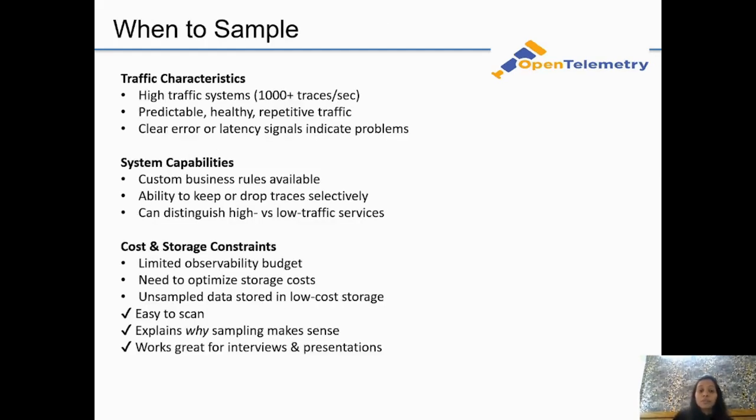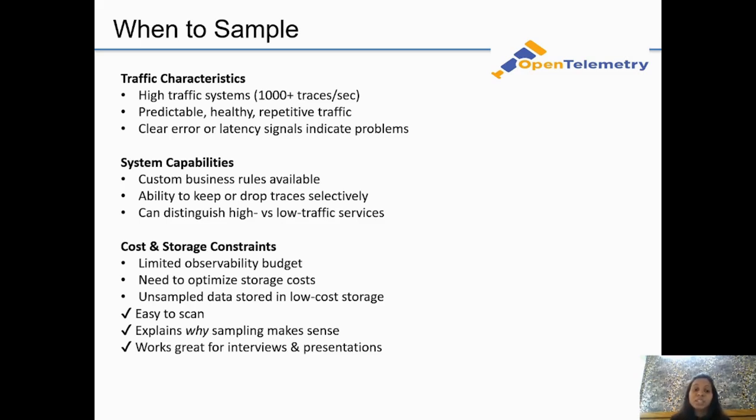Now, when should we do sampling? There are some conditions or situations where we need to sample. Sampling may make sense in certain situations. First is traffic characteristics.